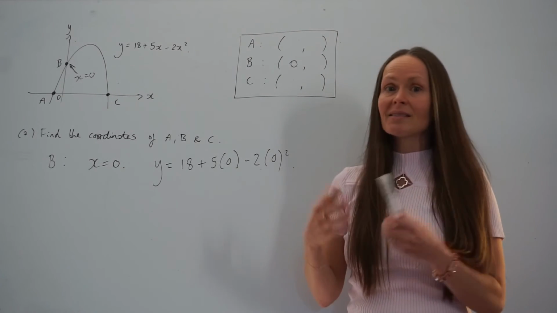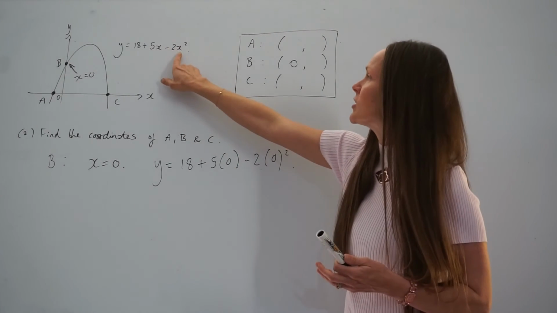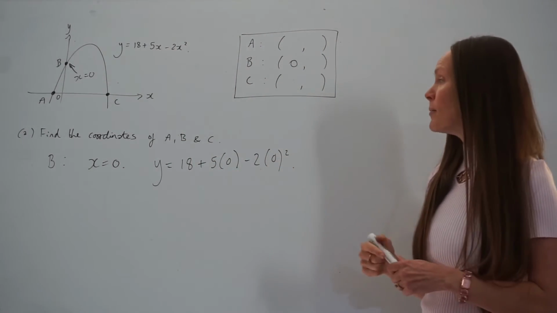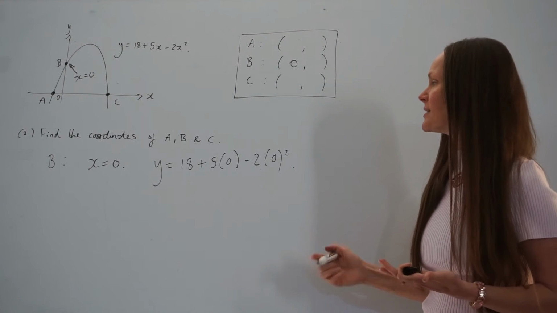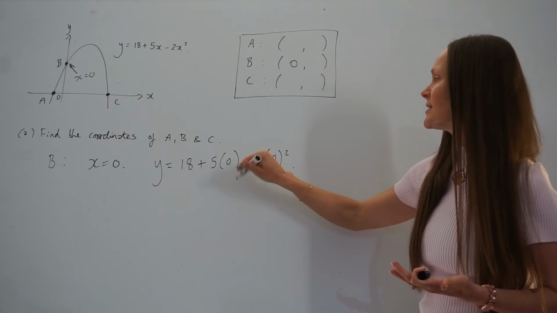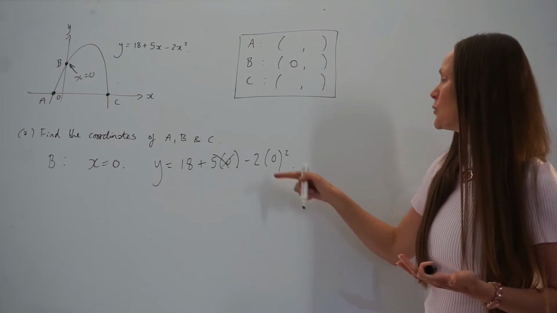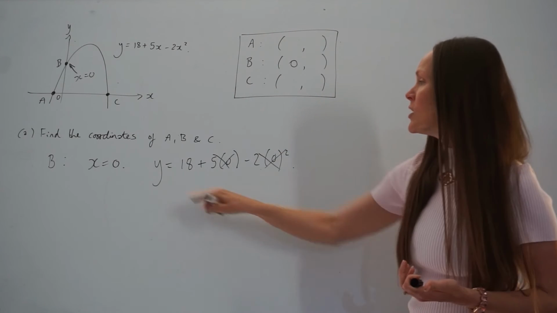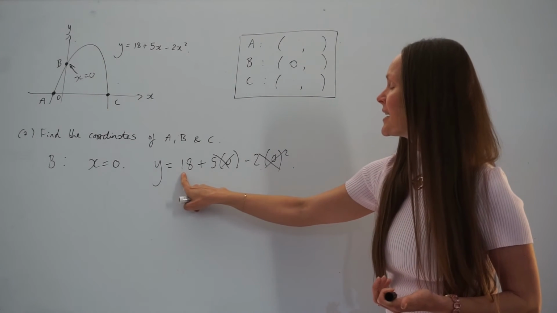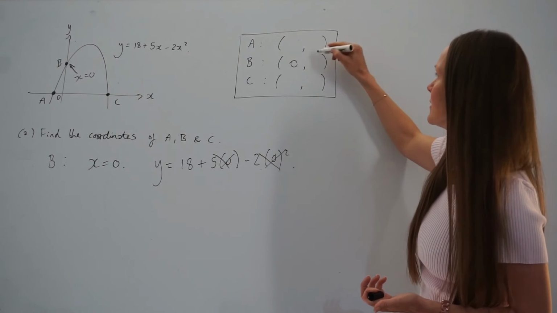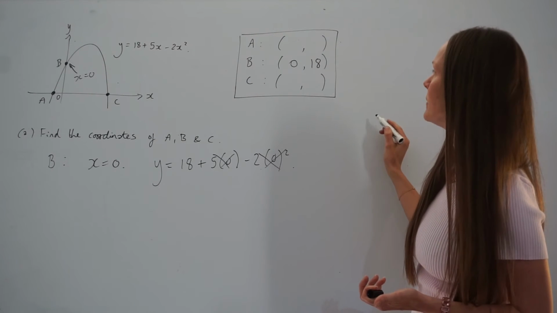Okay, so you're just replacing any x value in the equation with 0. Now remember, anything multiplied by 0 is 0, so 5 multiplied by 0 is 0, negative 2 multiplied by 0 squared is 0, so the value of y is 18 at point B. Okay, so there's point B.